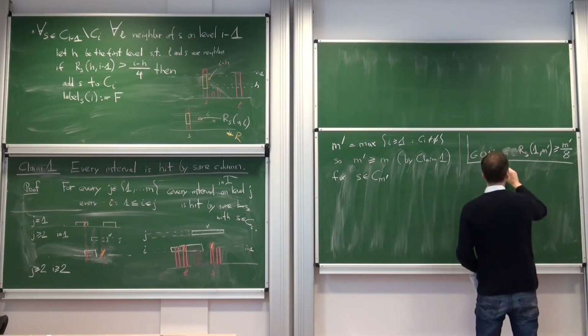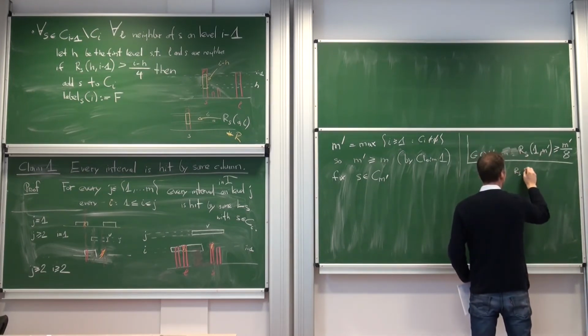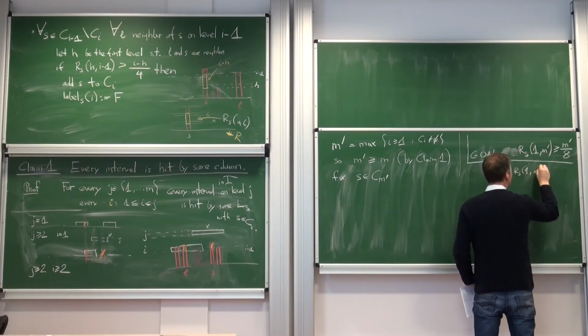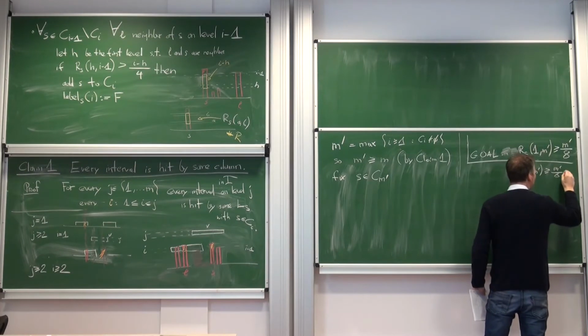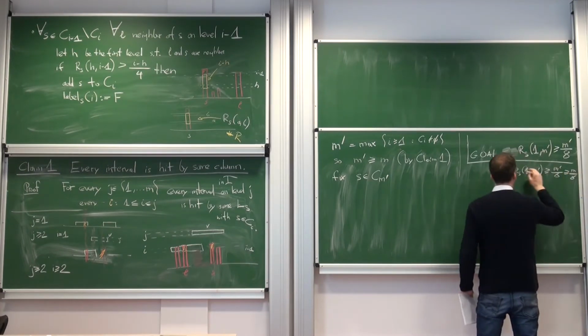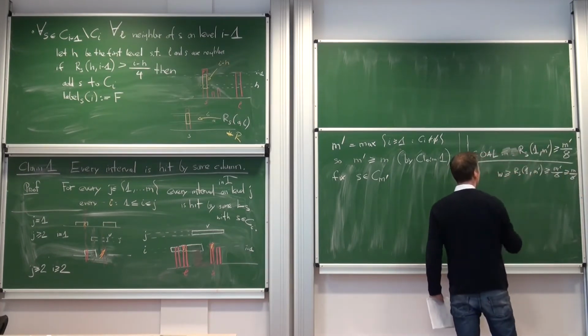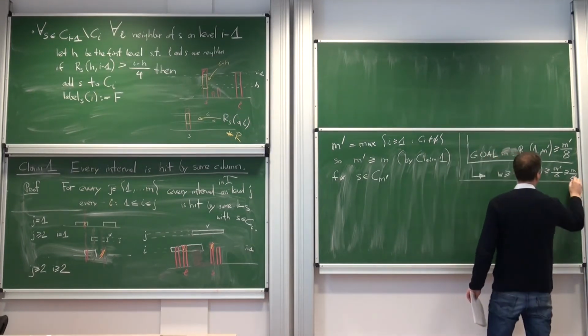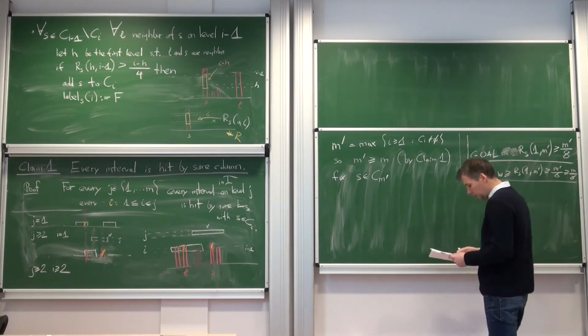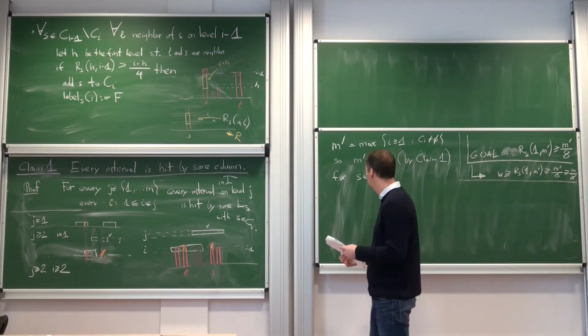From our goal we immediately get that if we get this, then m prime over 8 is at least m over 8, and on the other hand this is w, so we would be done.